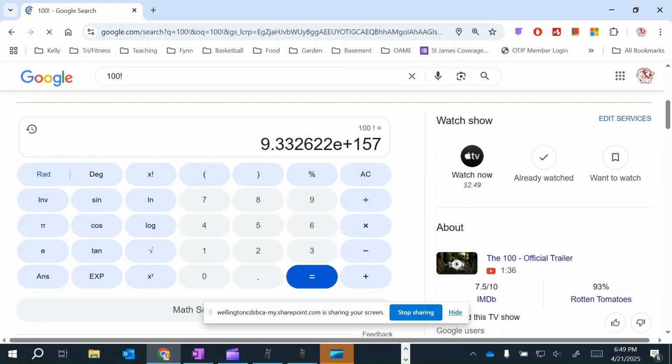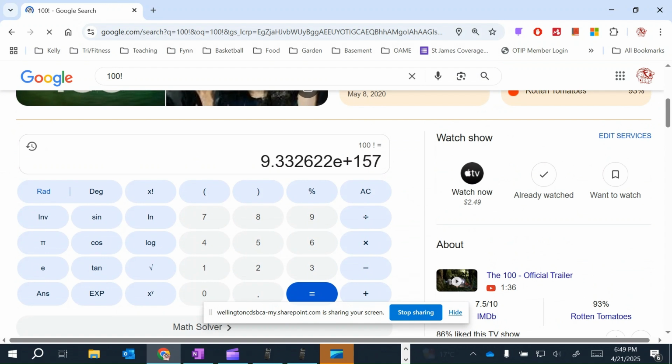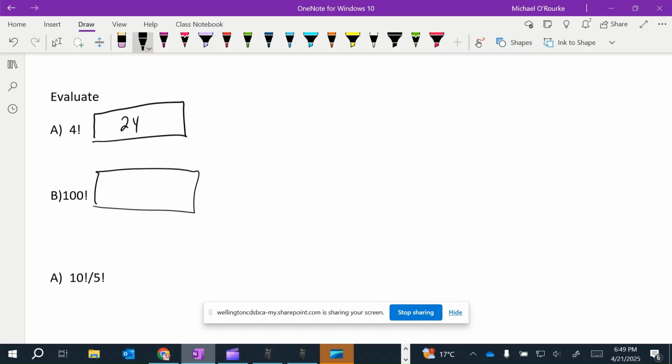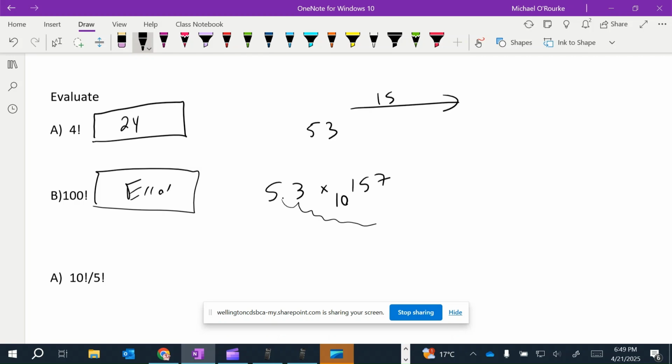Oh, there we go. 9.3 times 10 to the 157. So you get an error in your calculator because it's just too big. That means if we move this over, there's going to be 9, 3, and 156 zeros going this way. That's how big that number is. So sometimes you just can't do a factorial.